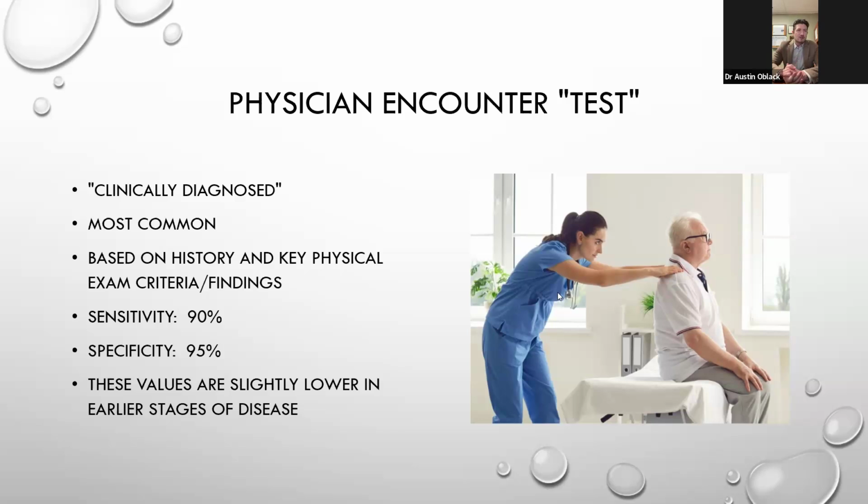Now, these numbers here, sensitivity of 90% and specificity of 95%, are for patients at any point along their journey with the physician to try and get diagnosed with Parkinson's disease. These values are a little bit lower very early on in the disease, where features are much more mild and there aren't a whole lot of clues to help guide that.